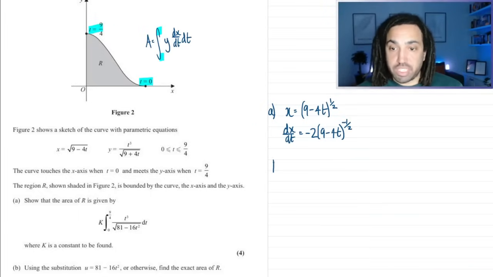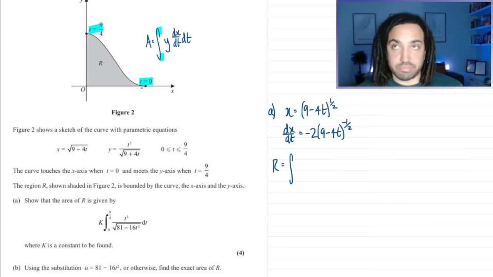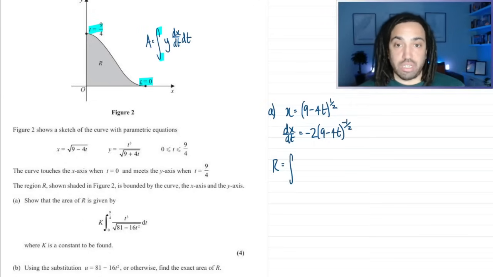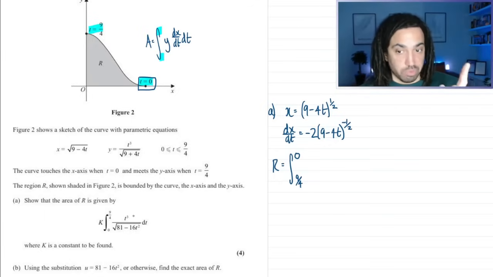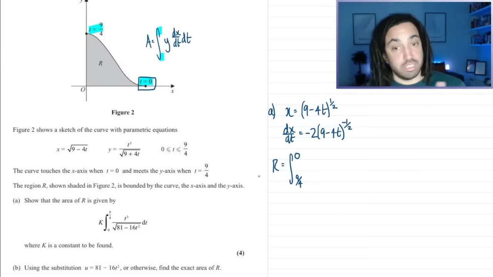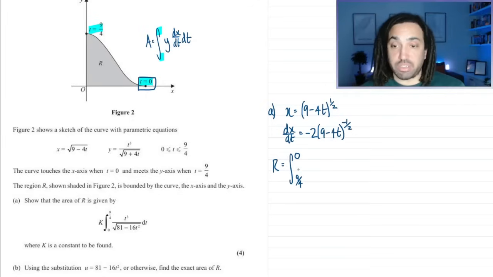So we can say that the region R is equal to the integral of, now the limits are always the one furthest to the right in terms of x is on top. So 0 goes on top, and then the one furthest to the left is on the bottom. So that's 9 over 4 goes there. They are different down here, which we will get to in a moment, but this is correct. So it is 0 and 9 over 4.